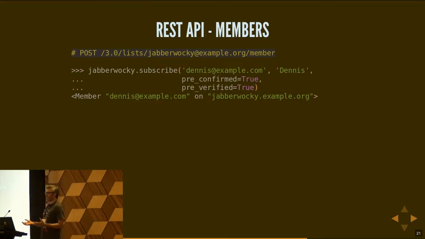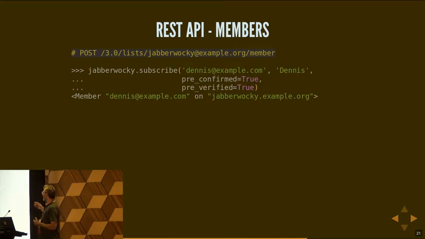So, but there are cases, for instance, with Postorius, the Mailman web UI, where a person is already logged in, and we know the email address is correct and existing, and we also know that the person actually wants to be subscribed to the Jabberwocky list.